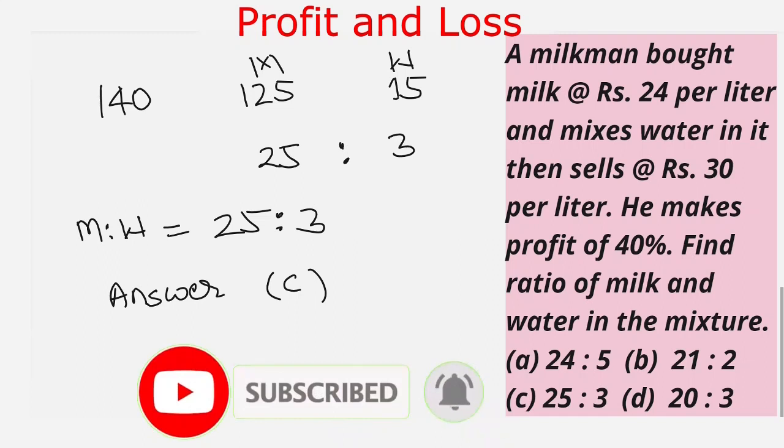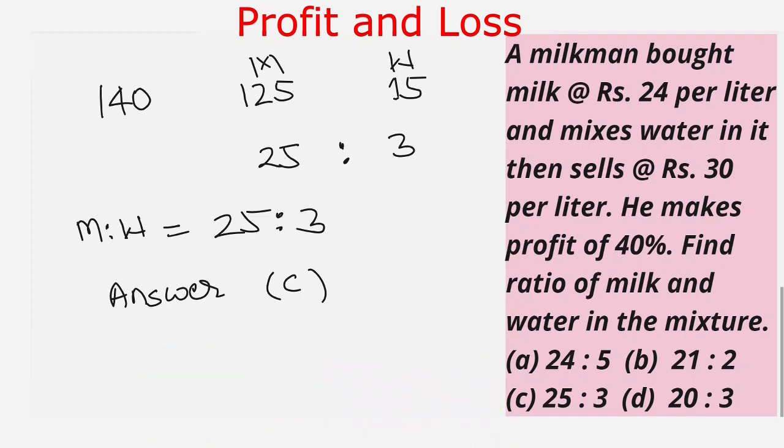I revise it quickly. The overall profit is 40%. If the quantity of milk be 100, then he is receiving the value for 140 liters of milk. As the cost price is 24 and selling price is 30, and 30 is 125% of 24, therefore, if the quantity of milk was 100, then the value received for milk is for 125 liters of milk.